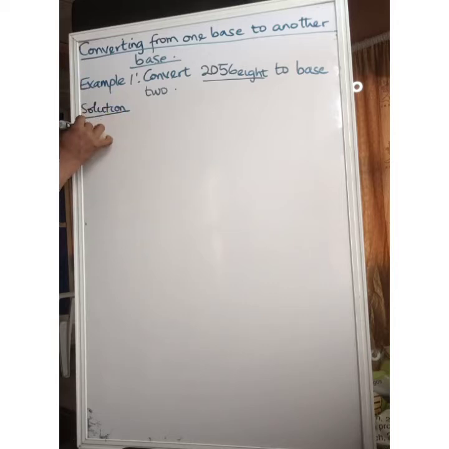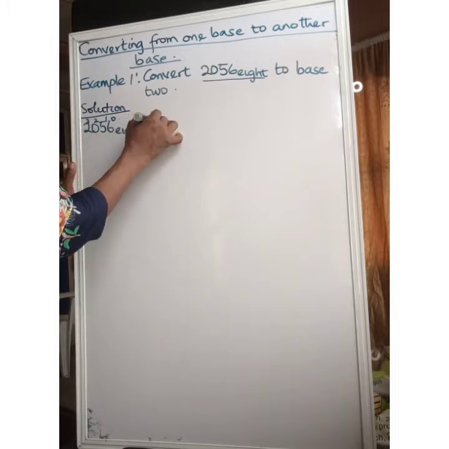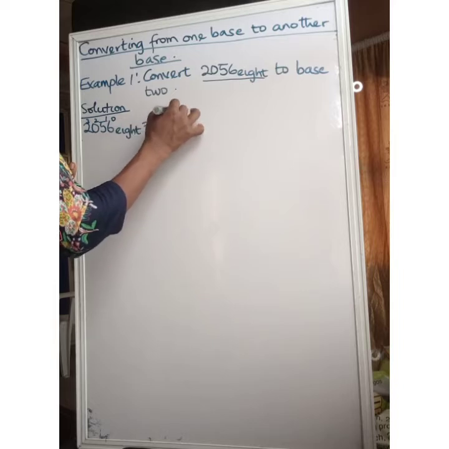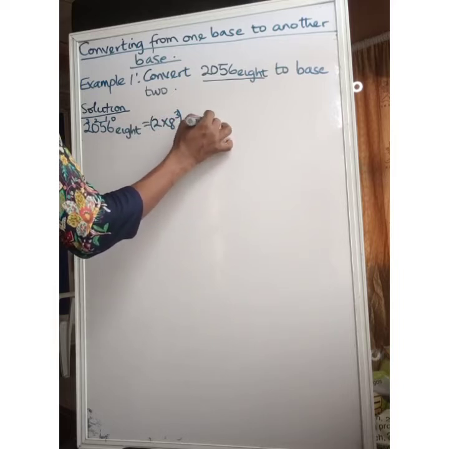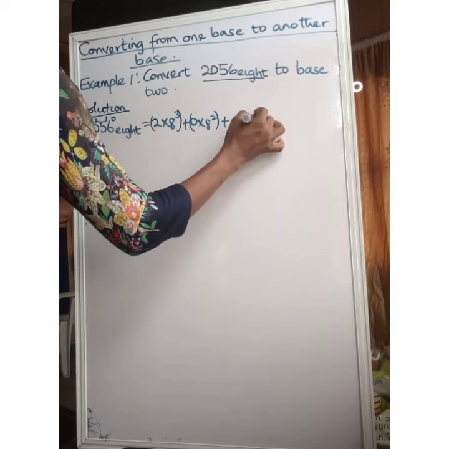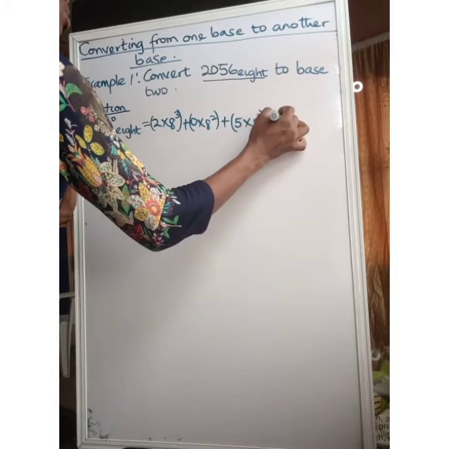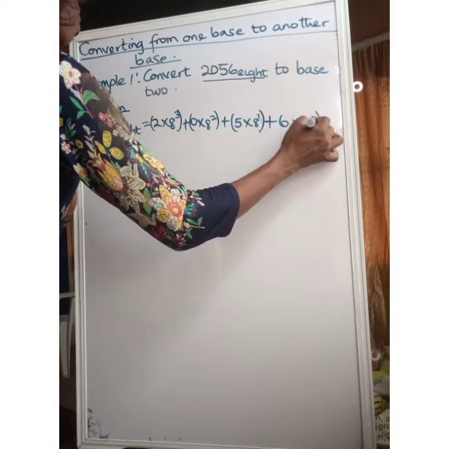If you remember from previous videos, we've done how to convert from any base to base 10. So you expand 0, 1, 2, 3, with respect to the base. So we have 2 times 8 raised to power 3 plus 0 times 8 raised to power 2 plus 5 times 8 raised to power of 1 plus 6 times 8 raised to power of 0.